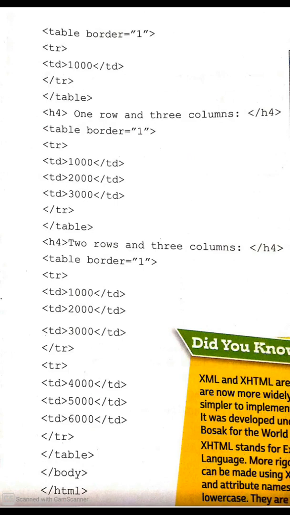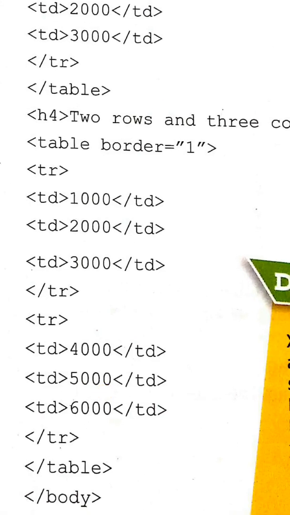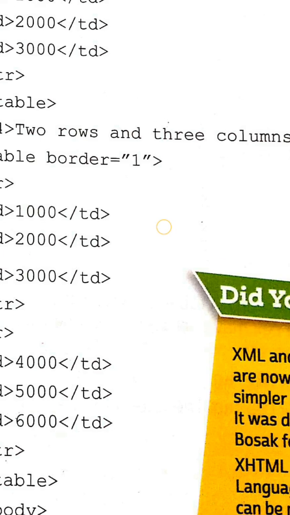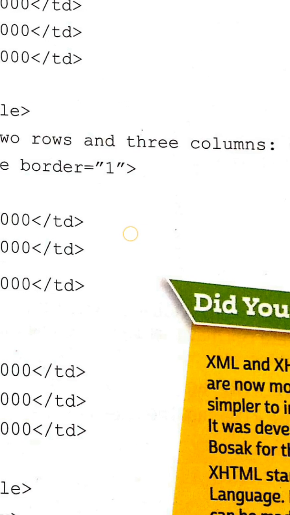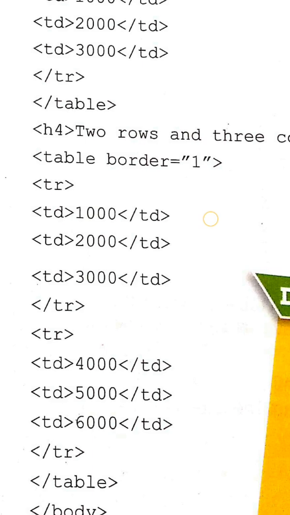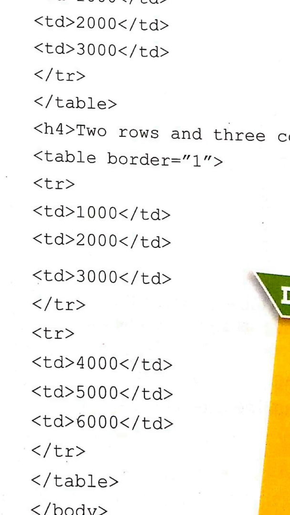Now let's see how you can make 2 rows. That was 1 row. Now you want to do 2 rows and 3 columns. That's why you have again written table border equal to 1, TR for the row, TD 1000, TD 2000, TD 3000. So 2 rows will become and 3 columns will become.